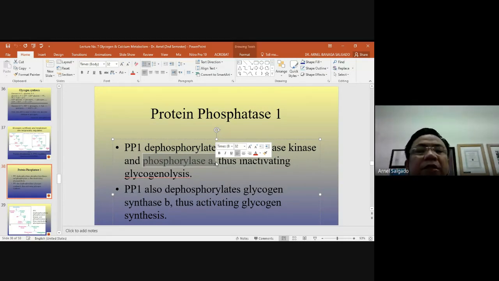What do you mean by glycogenolysis? The breakdown of glycogen. Always take note of this. Now I'm going to give you a secret in understanding scientific terms. Glycogen, lysis. And you know this already. Lysis is breakdown. When you say glycogenolysis, it is the breakdown of glycogen, right? So that will be regulated also by protein phosphatase.